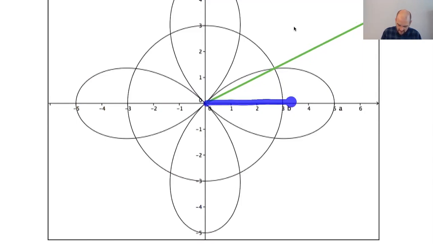I'm going to start at 0 and just go. If I just do the rose curve, that'll give me the area of the petal from 0 to whatever. But I also want to take out this, so I need to subtract that off. So I want just this.